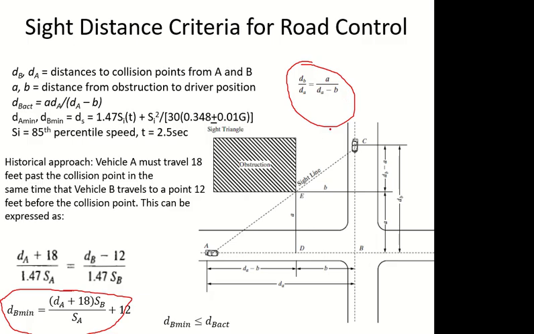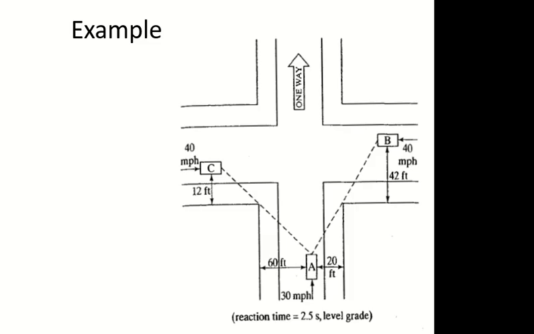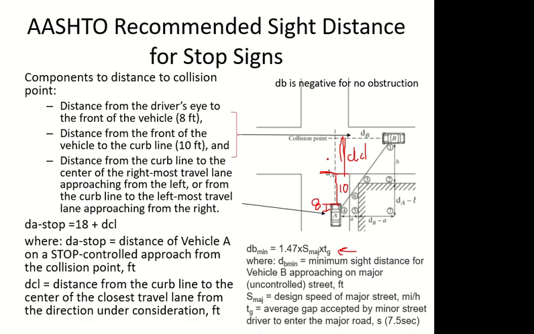Once you have the available distance, you can decide, should I check it with only side distance or with side distance with additional distances. This is without the stop sign. If you have a stop sign, then you should check it against this one. Okay, and then dA comes from here. If you are using the stop sign, then dA will come from here.